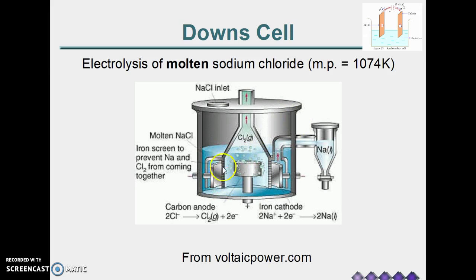The chlorine gas that comes off has to be gathered, and the sodium metal that comes off as a liquid, and that of course has to be collected. And all of this has to be done in the absence of air, because the air would react with the molten sodium.